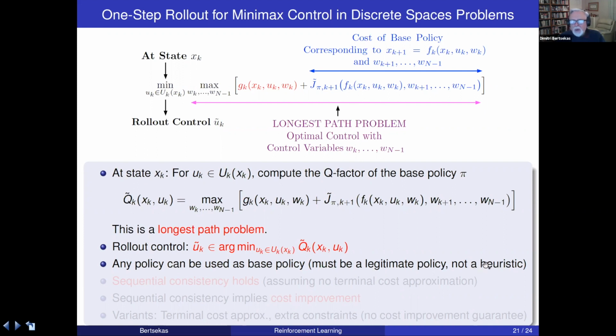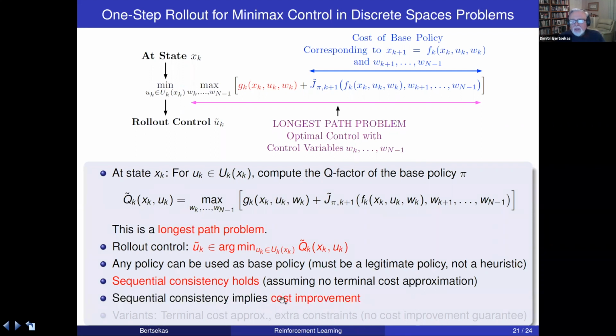For deterministic problems, we can choose a heuristic that doesn't necessarily have to be sequentially consistent, doesn't have to correspond to a policy. It can be something more general than that. But here, the base policy must be a legitimate policy, and the natural form of sequential consistency holds, assuming that we don't use a terminal cost approximation, we don't use a truncated rollout.